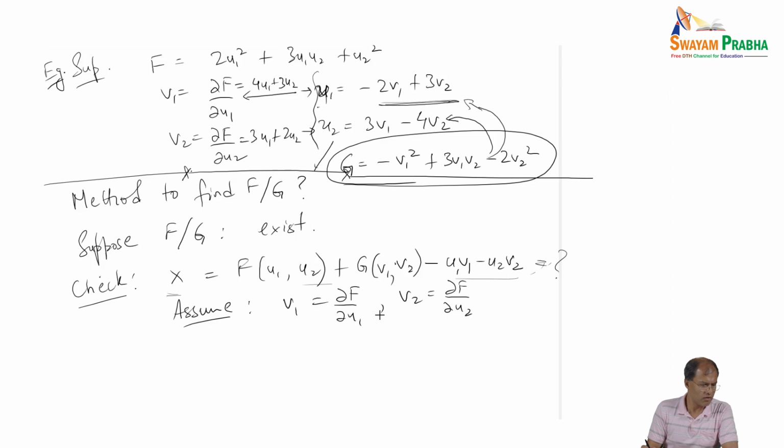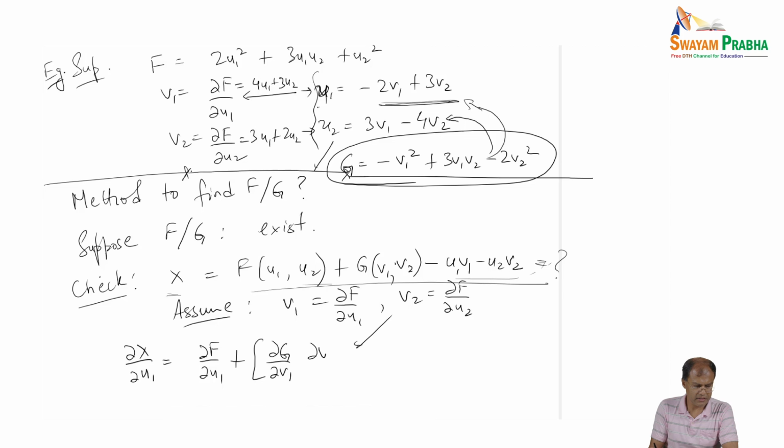Now let us differentiate x with respect to u1. So partial x partial u1 is partial f partial u1, since we are differentiating everything with respect to u1, plus partial g partial v1 times partial v1 partial u1. That's the chain rule here.